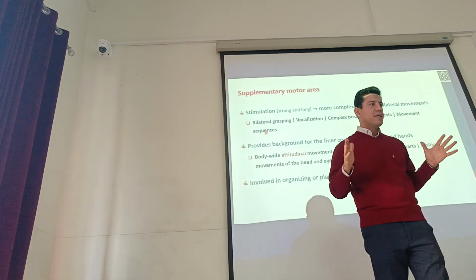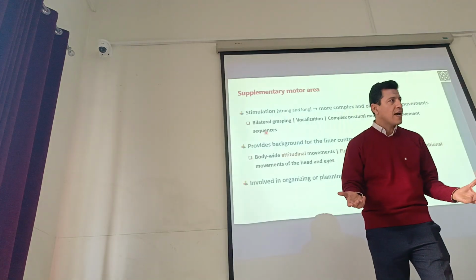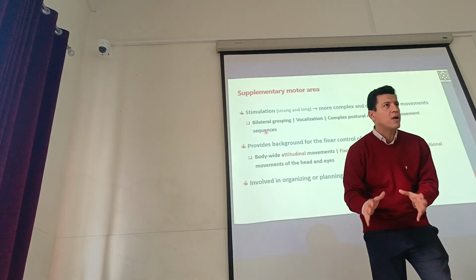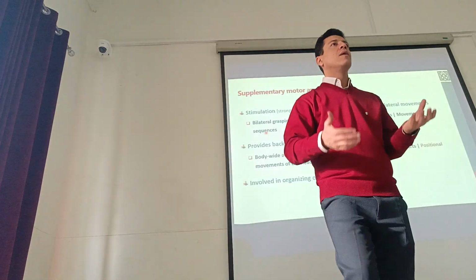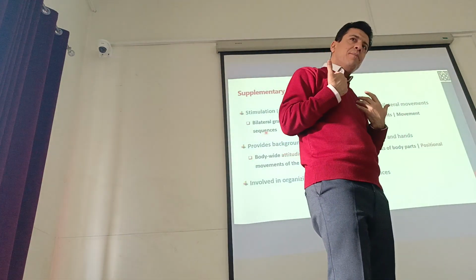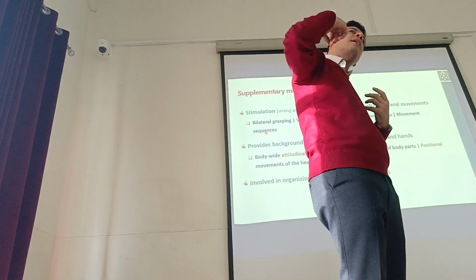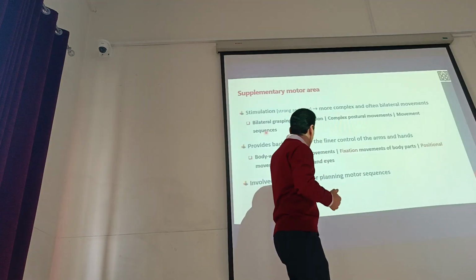So body-wide movement, I mean postural and positional movement, right? So you get ready for that. You should take a position for that, right? So the ball is in your hand, and then you move, right? So the posture of the body before the movement, before the actual throwing of the ball, is called attitudinal movement.